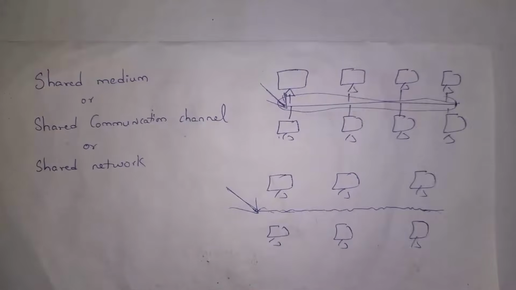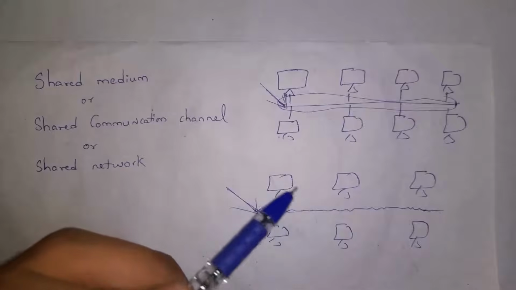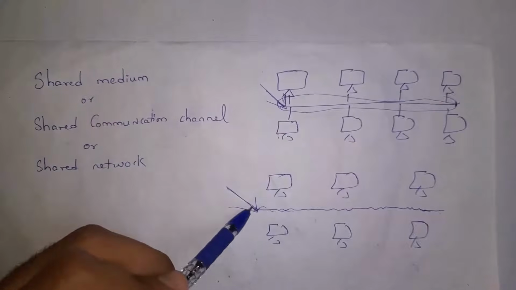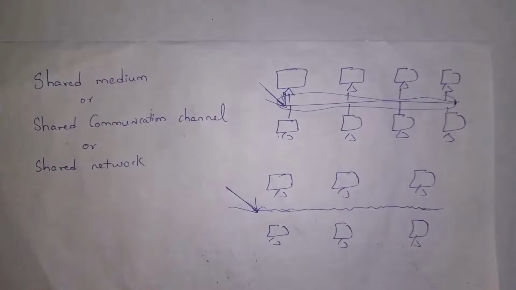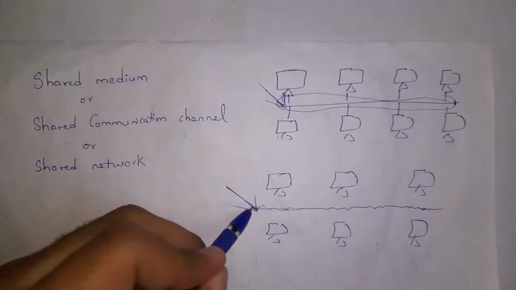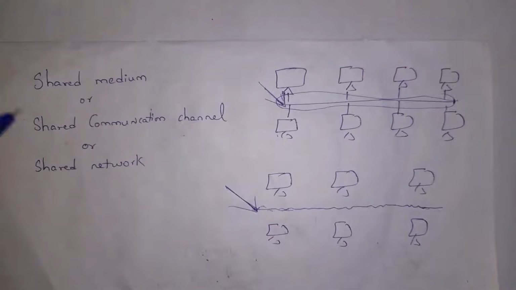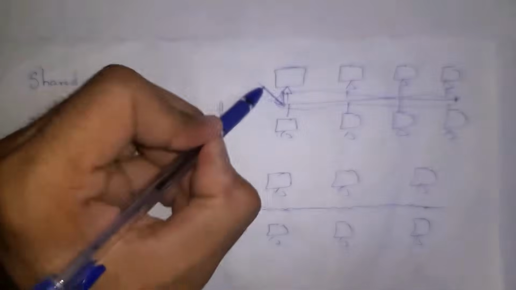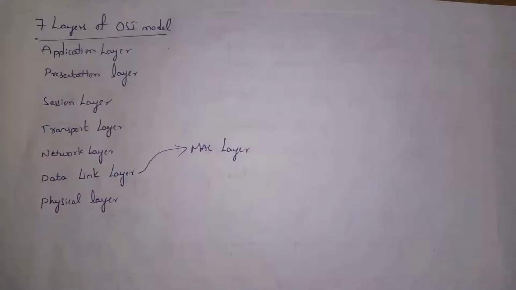Similarly, there are multiple devices connected to a single wireless frequency for communication. We call this single wireless frequency a shared medium or shared communication channel or shared network. So the shared medium, shared communication channel and shared network are nothing but a single cable or single wireless frequency.